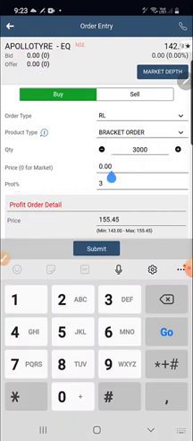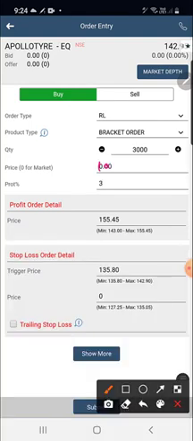Now I'll come to the protection percentage here. I have added a protection percentage of 3. Now assume Apollo Tyres is trading at 101. I pressed submit immediately when it was at 101, but my order got executed at 100. A 1000 quantity got executed. From the point where my 1000 quantity got executed at 100, the protection percentage will start calculating.